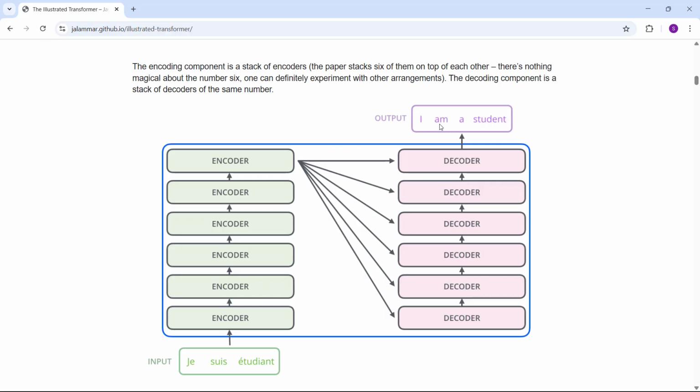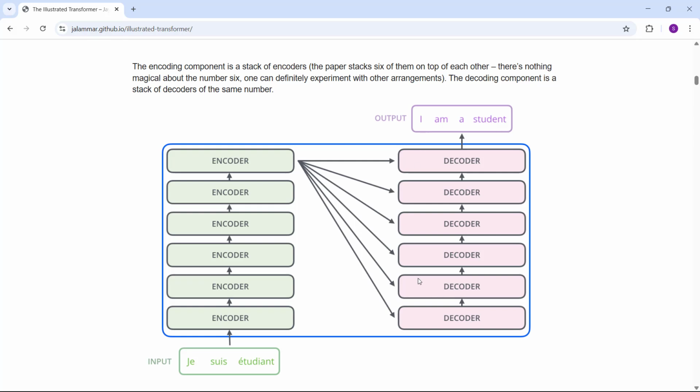So what is the next word? Am. Then I am, and the starting sequence, these three will be passed again to the decoder model. Again the process repeats: embeddings, positional encoding, masked self-attention, then the next word will be predicted, right? So at a time the decoder generates only one word, actually one token at a time, right?